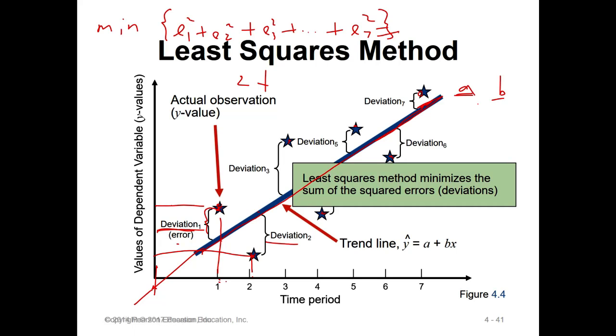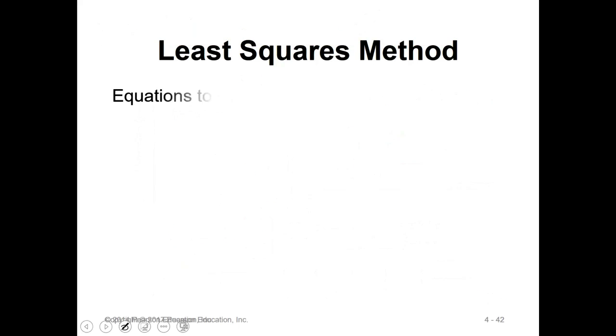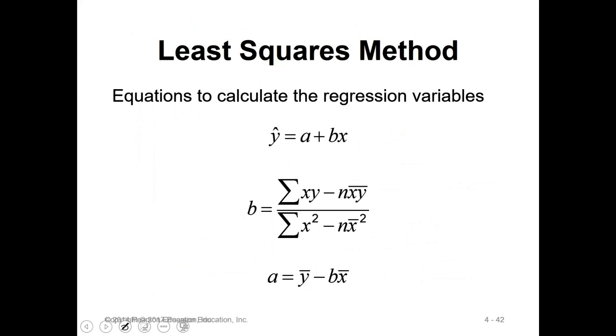The least square method minimizes the sum of squared errors. That's what I mean here. The green statement on the screen is the mathematical equation, but we don't have to go into so much detail on how to use it.